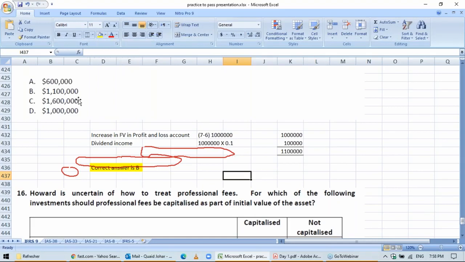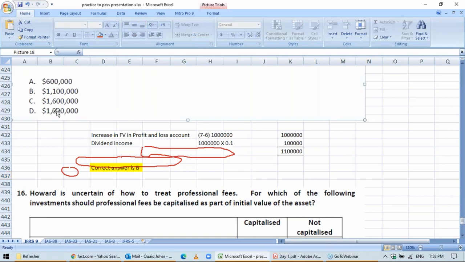See, they are giving an option of 1 million as well. So if you forget to record the dividend in the profit and loss account, then your answer goes wrong. They have given that option. Option D is wrong because it includes only the fair value change. So please read the question carefully, that you are considering all effects in the profit and loss account.